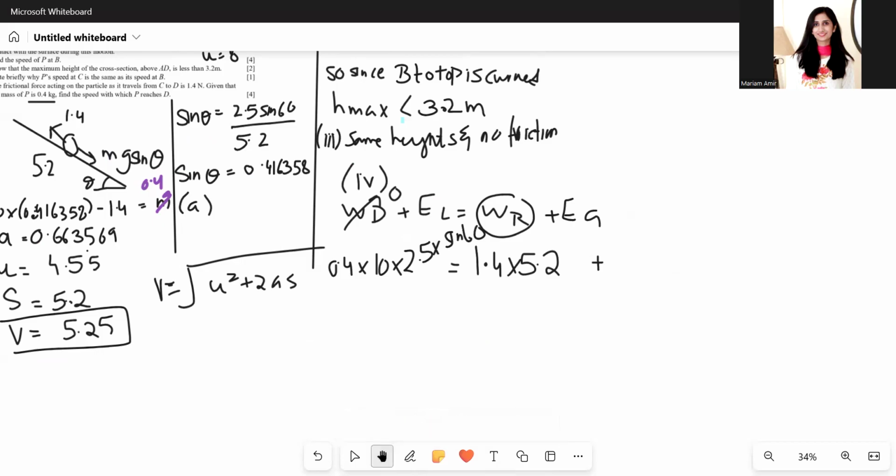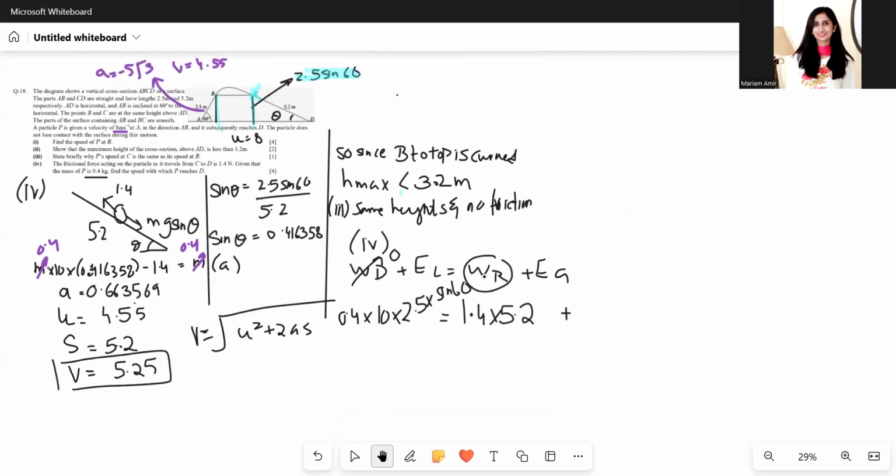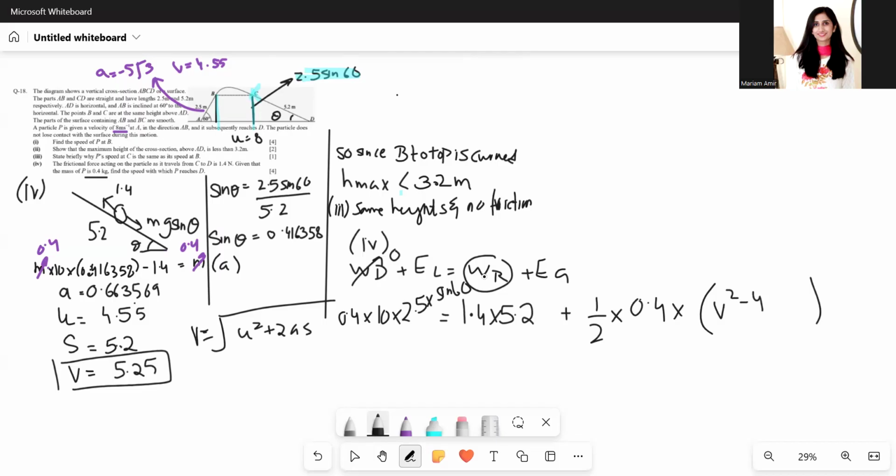On the other side, we need the gain in kinetic energy. That's going to be half times m, which is now 0.4, times bigger speed squared minus smaller speed squared. So we're going to do v squared minus the initial speed, which was 4.55, squared. You solve this and you should get the value 5.25.